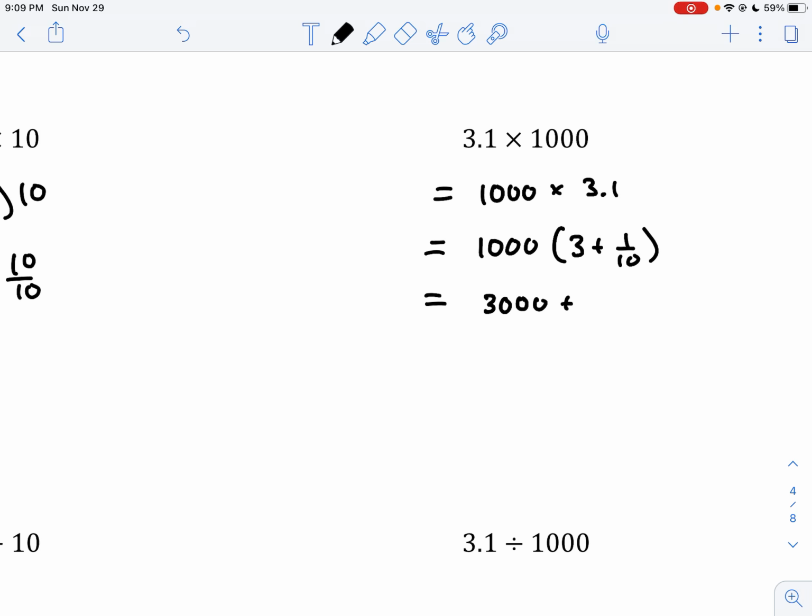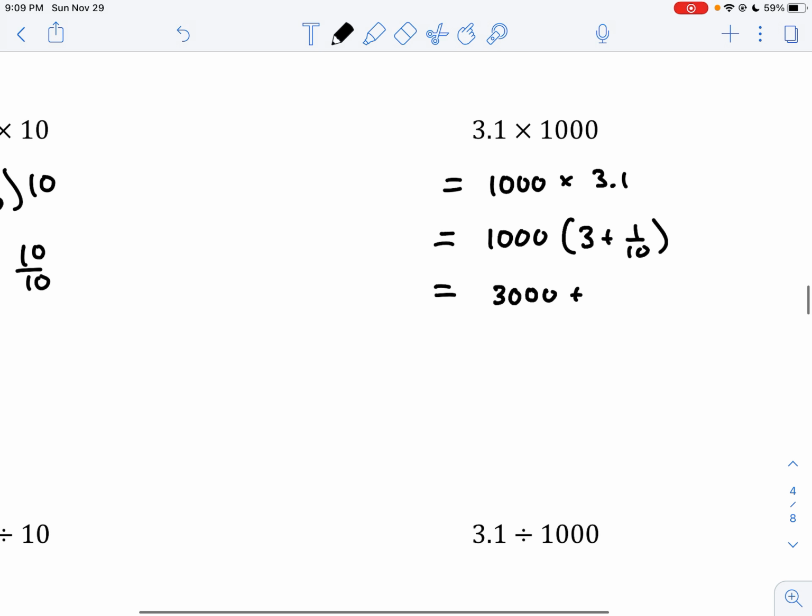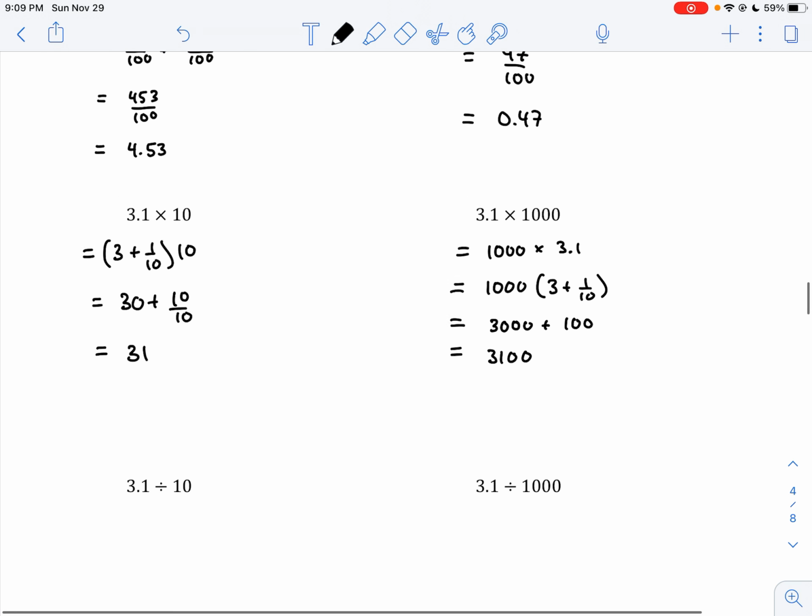Well, that's going to be 3,000, and 1,000 1/10. Well, 10 1/10 makes 1, and 1,000 is 100 tens. So if 10 1/10 makes 1, then we have 100 of those, and we have 100. 1,000 1/10 will wind up being just 100. And when you combine 3,000 and 100, we get 3,100.